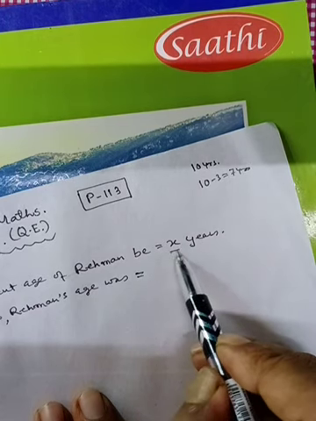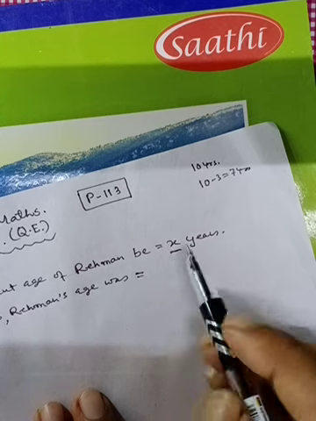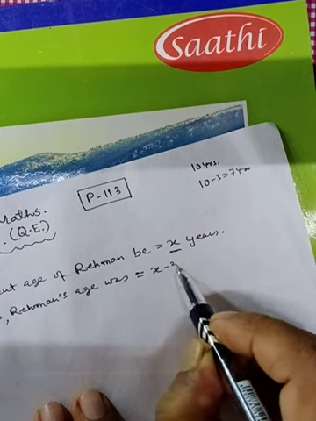So if the present age is x years, then 3 years ago his age was x minus 3 years.